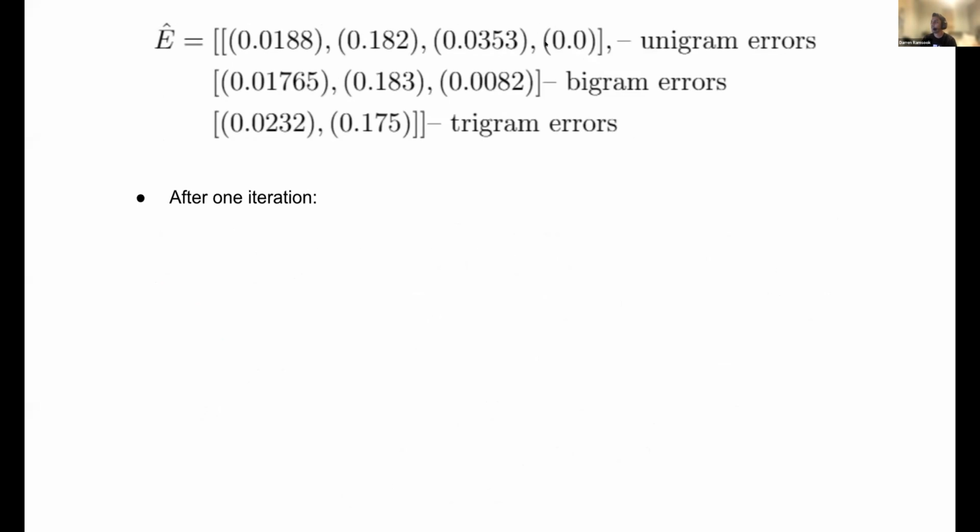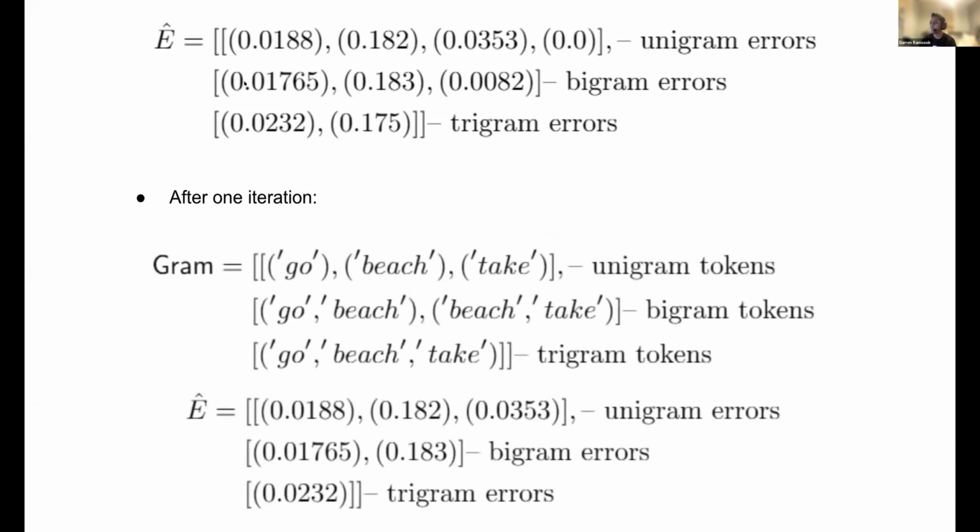So we replace this word or this token with the emoji of car. And then we remove all instances of the tokens that contain the word car. So then after we do that, the word car is no longer considered. So the new gram representation is go beach take, go beach, beach take, and then go beach take.